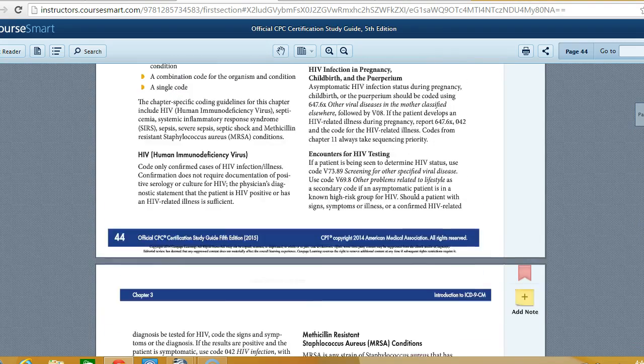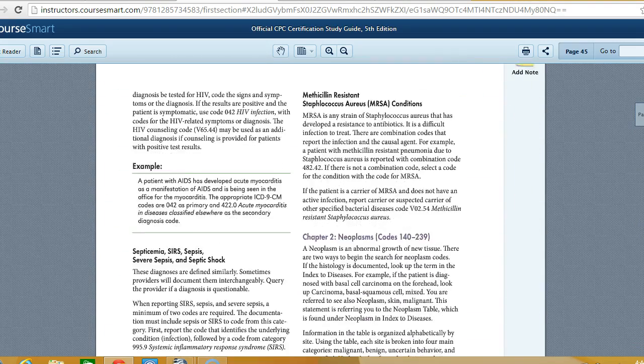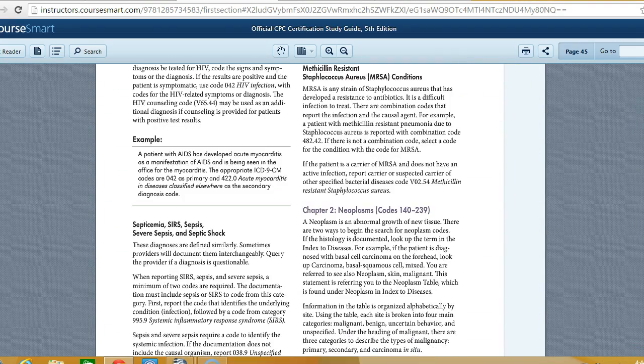Okay? All right. And that's your MRSA and your septicemia. Make sure you go over your septicemia and your SIRS, sepsis, severe sepsis, and septic shock. That's going to give you important information as well, and your MRSA conditions as well.